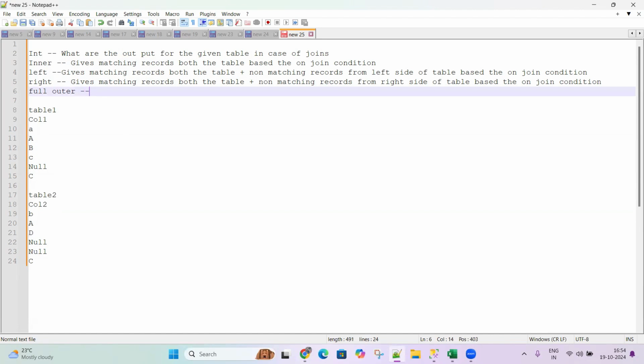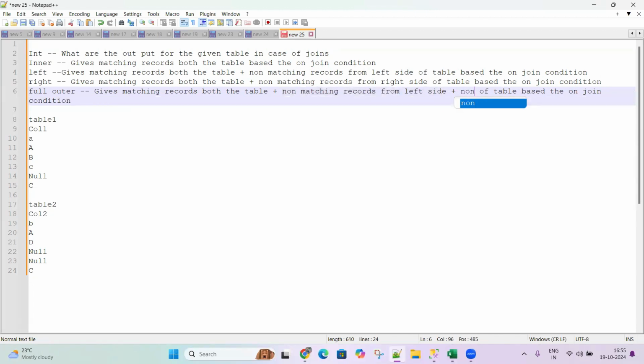Whereas the full outer join is left and right join together. It gives matching records from both sides of the table, plus non-matching records from the left side of the table, plus non-matching records from the right side of the table.